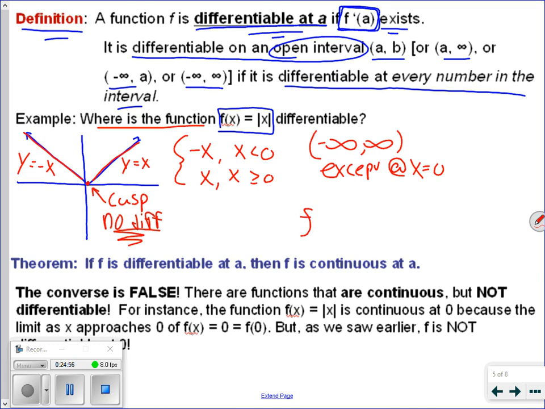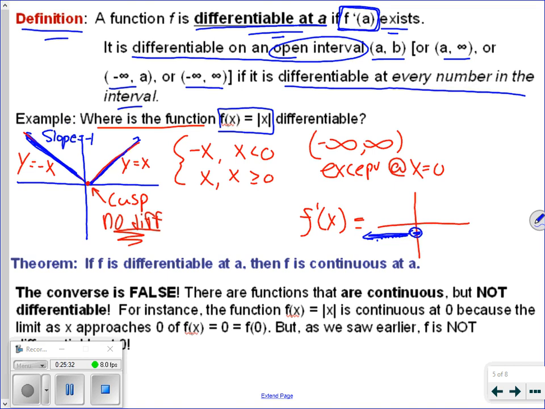Again, we're going to go over this later, but this is what the derivative function looks like. If I were to graph the slopes, or the derivative function, think about it. All we got is two lines here. To the left of 0, what's the slope always going to be? It's the rise over run. The slope is always going to equal -1, no matter what, except at 0.